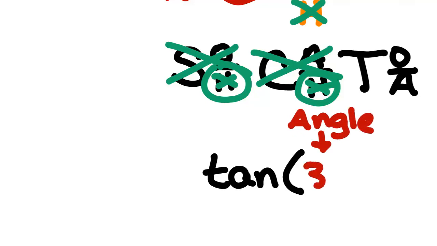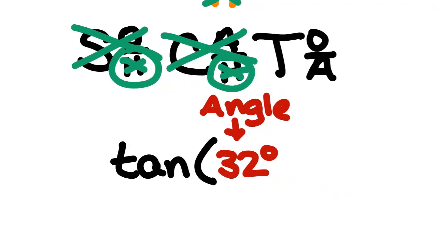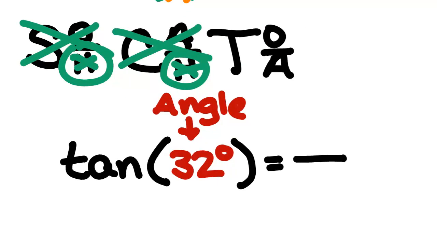So tangent, and then inside parentheses, we put our angle. What is our angle? 32 degrees. Close those parentheses. And then I need opposite divided by adjacent. What is the opposite side? 9. And the adjacent side? X. X is part of a fraction.